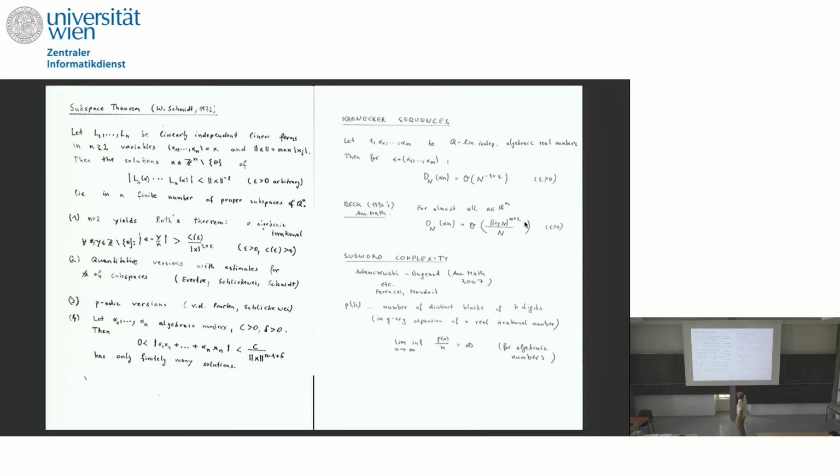For instance, if you take the case n equals 2, you can see that if I multiply alpha minus y over x by x squared, I get x times (alpha x minus y), which is less than c, dependent on epsilon, over x to the epsilon.